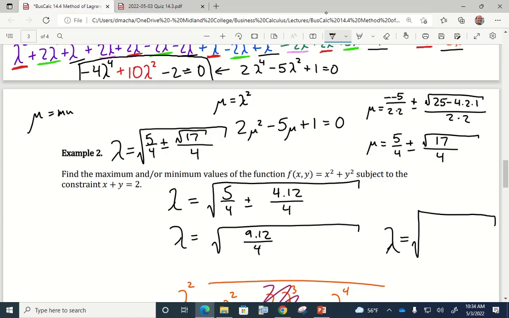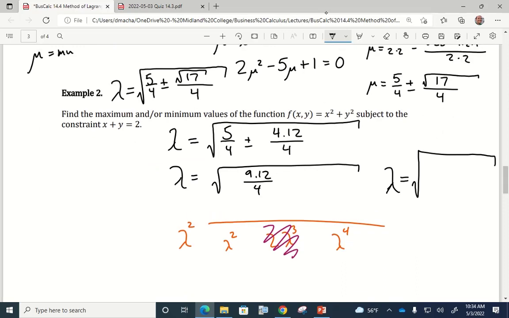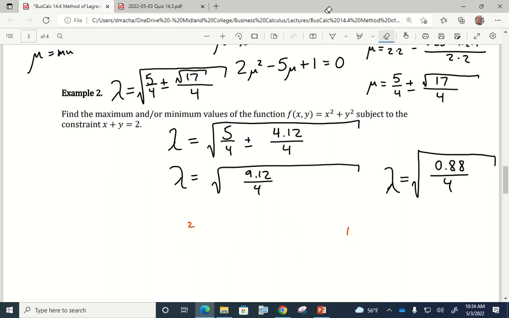What's 9.12 over 4? 2.28. Sounds good. And then what would be the square root of 2.28?